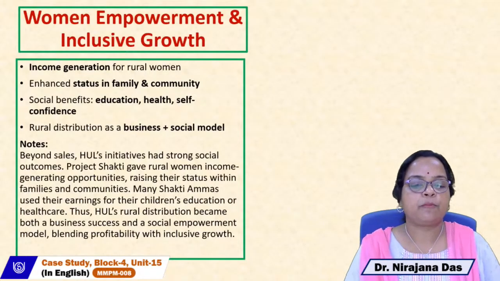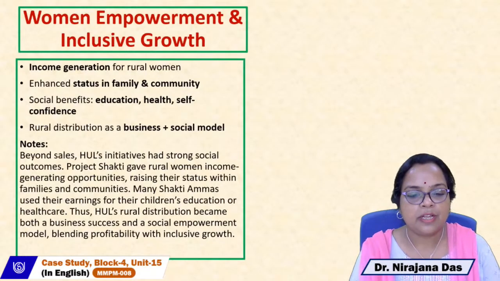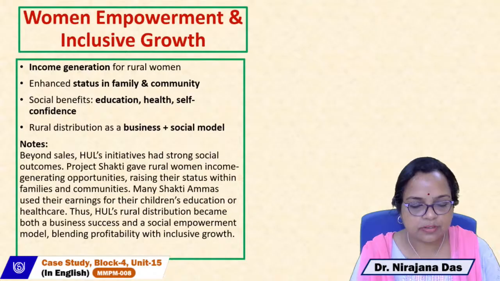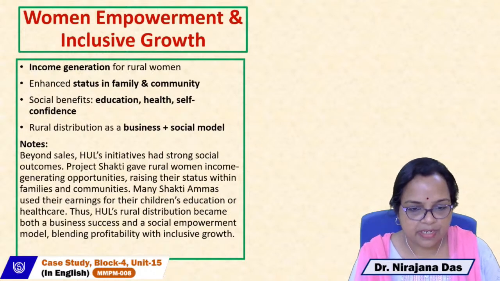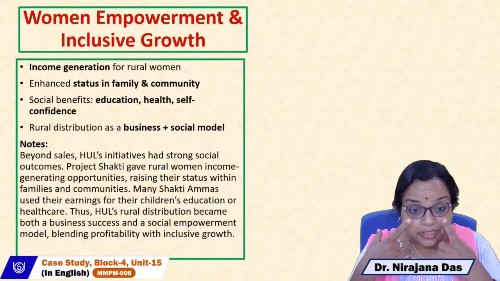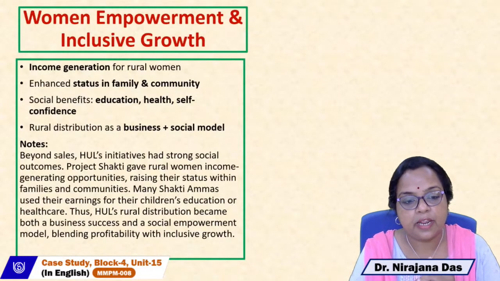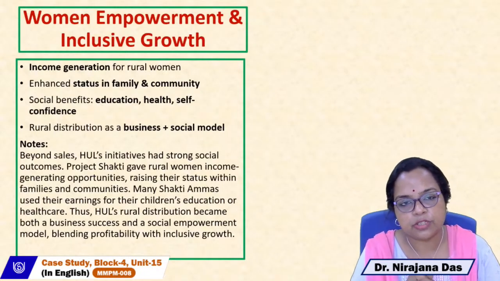The company was successful in positioning itself as a social empowerment model because it was giving scope to earn more through the program. It empowered rural women with more selling techniques and education about the product. So this was a popular model having both profitability and social empowerment with inclusive growth.